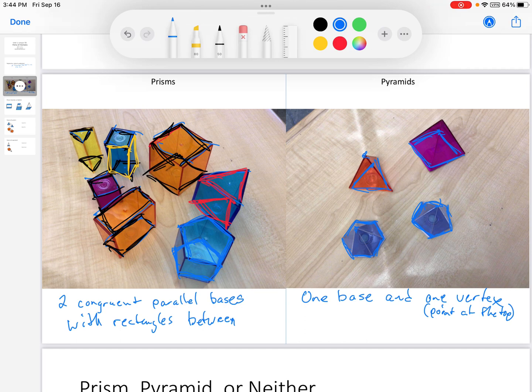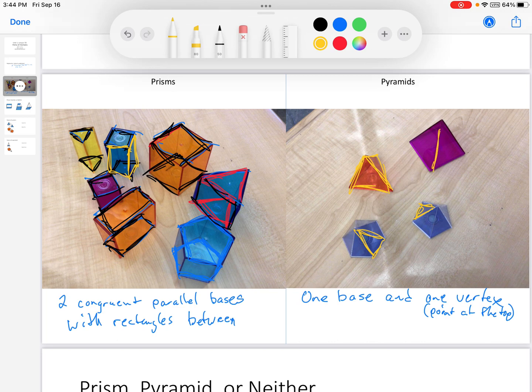Now, what's on the sides of these? On the sides of the prisms were these rectangles. Are there rectangles on the sides of these pyramids? Let me just erase some of the shading that I did on these and take a look at what the sides of these pyramids are. Do you see what they are? They are triangles.